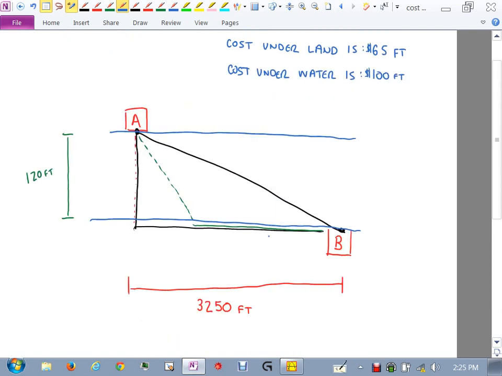It's $100 a foot, but how many feet are we going to go across the water? We need to actually draw some, let's label some stuff here, right? We need to draw some stuff. Okay, so I'm gonna take some stuff out of here just so we don't confuse our vision here.